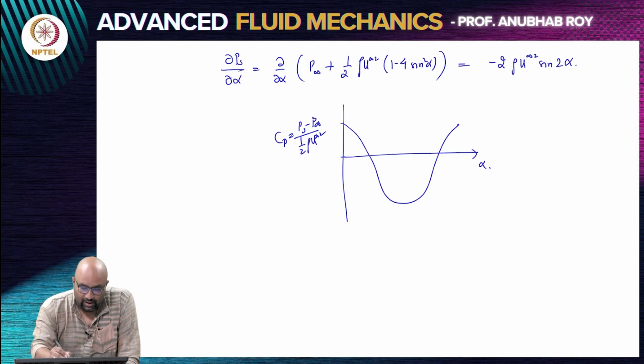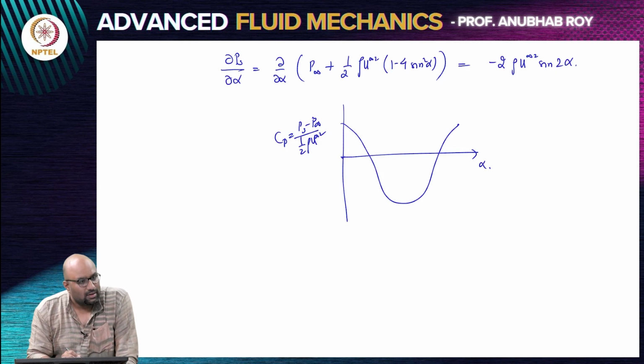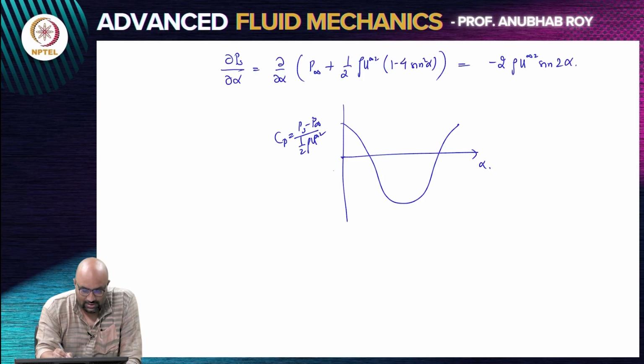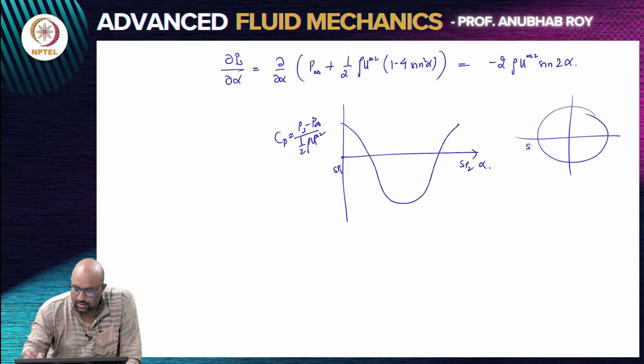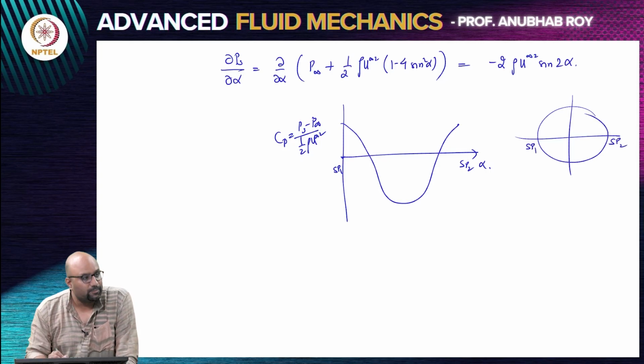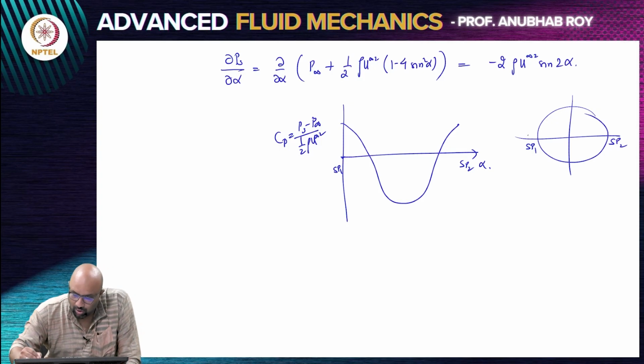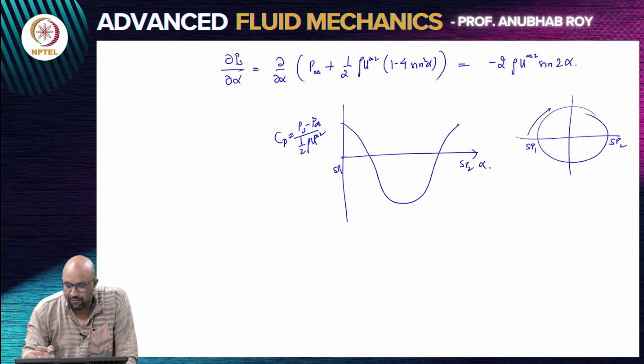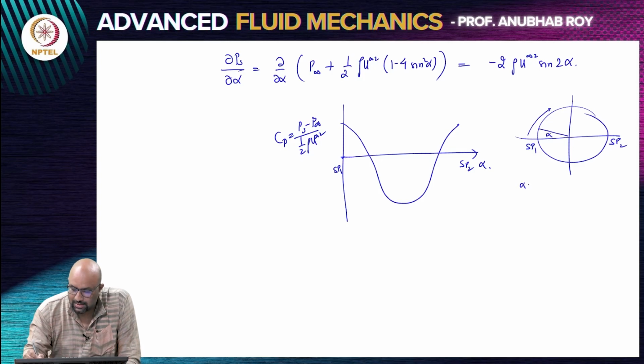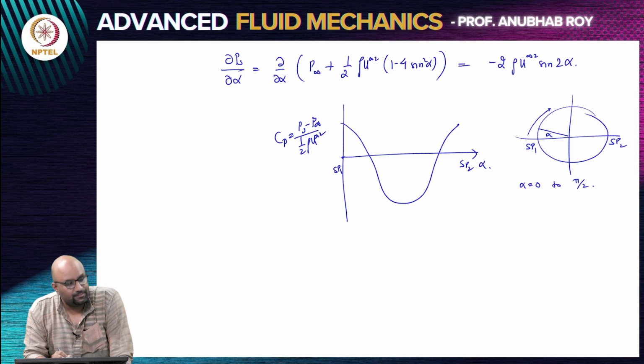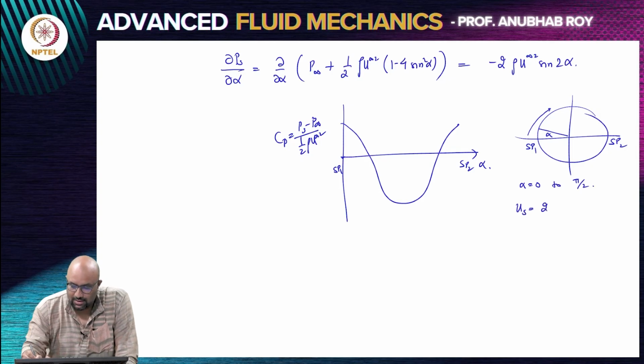So, if this is the leading stagnation point here, stagnation point 1 and then stagnation point 2. So, when the flow is moving from alpha equals 0 to pi by 2, what kind of a flow does it observe? Us is 2u infinity sine alpha.